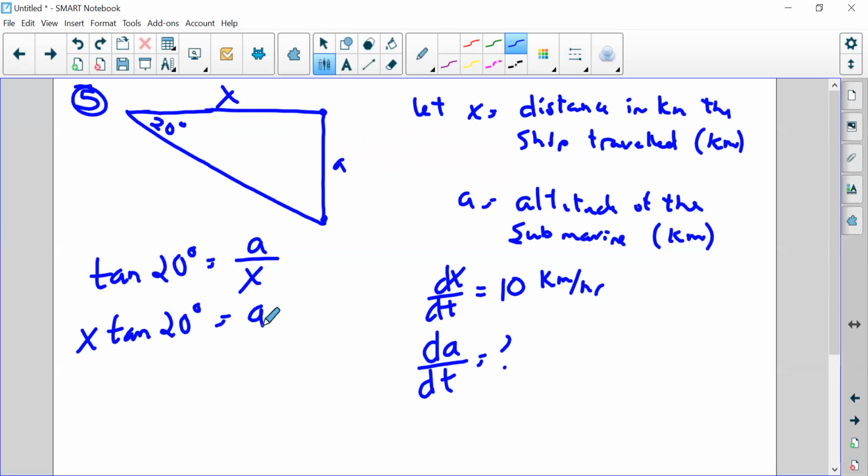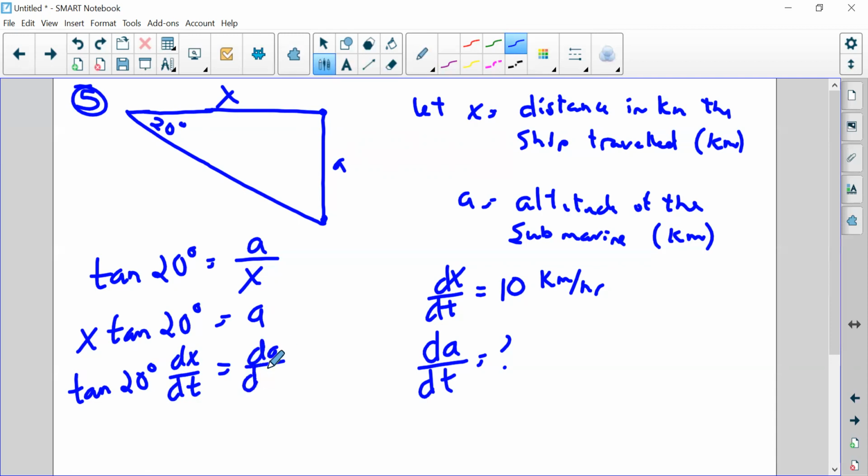So how would I differentiate that? You would pull out the constant and find the derivative of x. Very good. So I have my constant here, which is tangent of 20 degrees. And what's the derivative of x? dx over dt. Very good. So that's times dx over dt equals dA over dt.